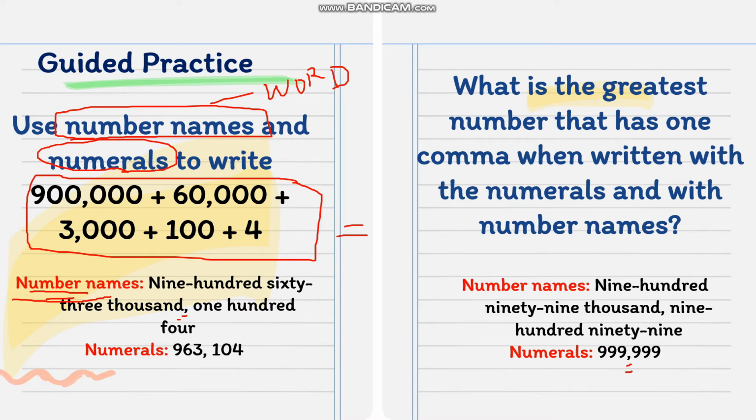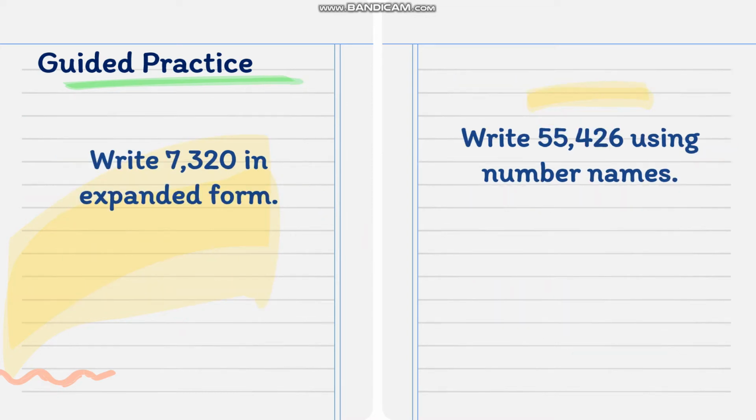Okay, so let's continue. Write 7,320 in expanded form. I told you, when we're going to write it into expanded form, you need to identify first the value of each digit. Like for example, this 7. 7 is in which place?